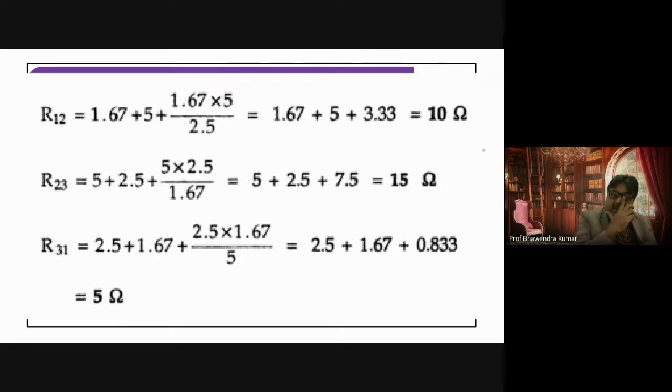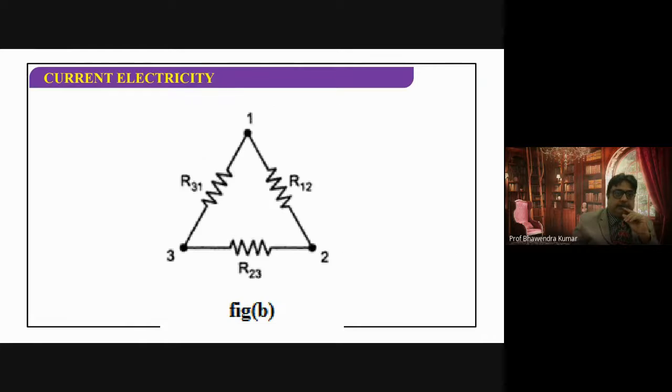This is how the conversion will take place. Okay? This is how the circuit will look.